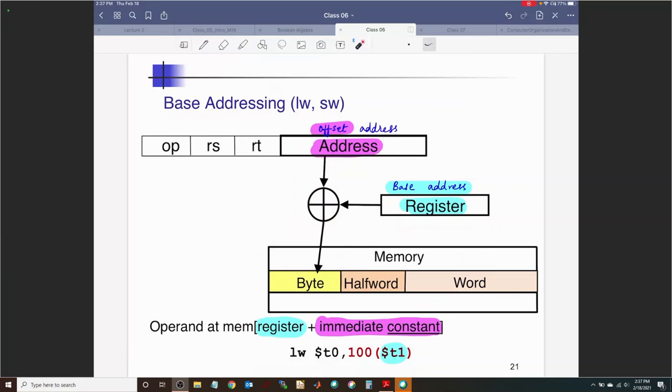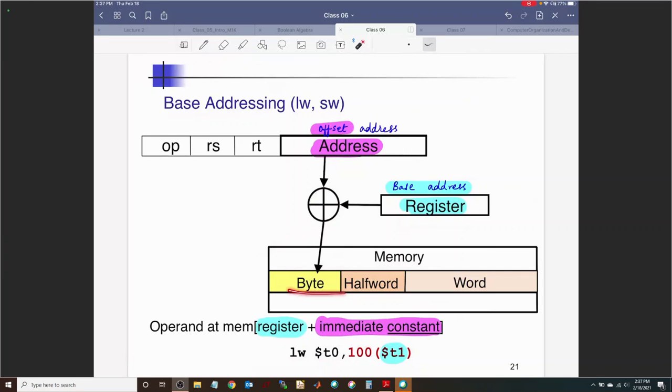So our memory, no matter how wide it is, right now we are looking at accessing a word, but remember it is byte addressable. So it's essentially pointing to a particular byte which belongs to a particular half word, which belongs to a word. A word is 32 bits, half a word is 16 bits, and half of that would be 8 bits.